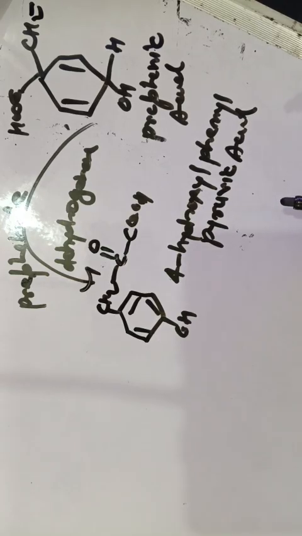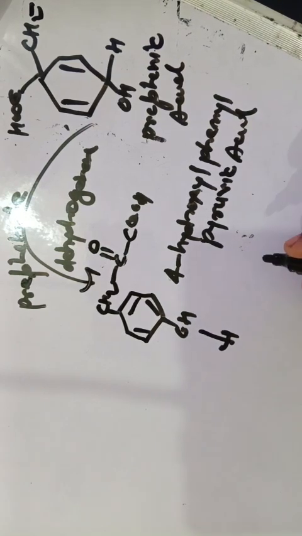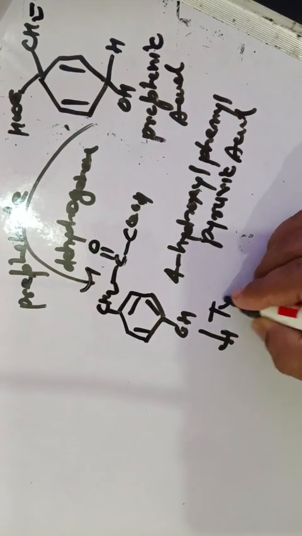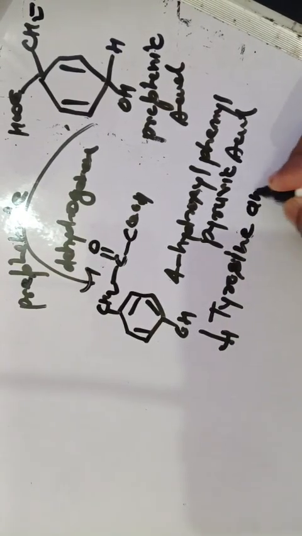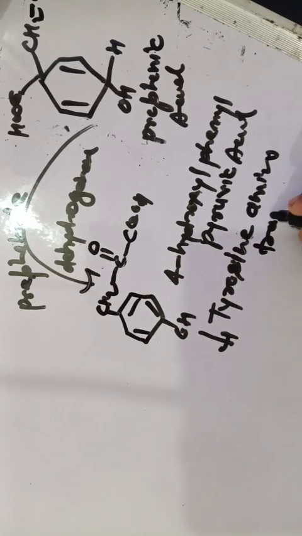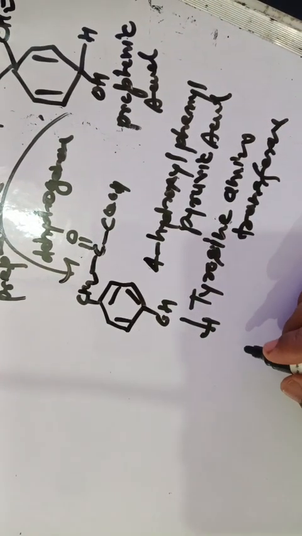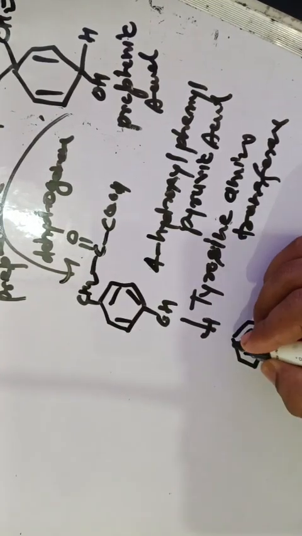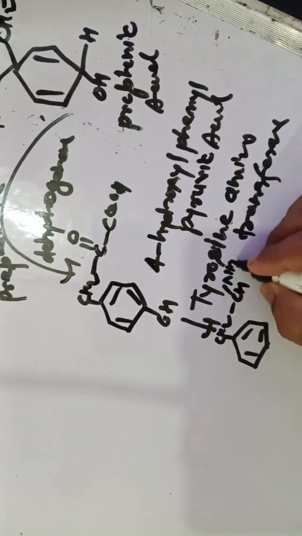And on this compound we will use tyrosine aminotransferase, and we will get our second aromatic amino acid, that is tyrosine: CH2, NH2, COOH.